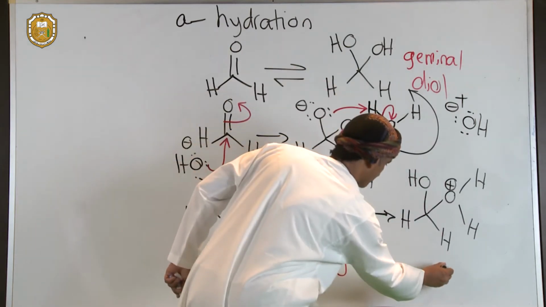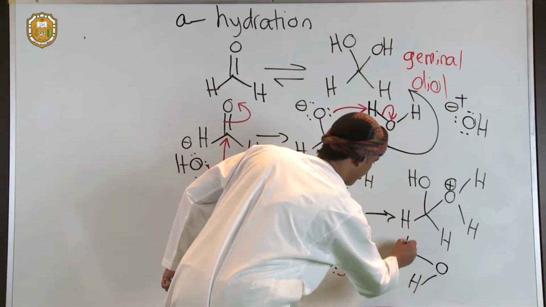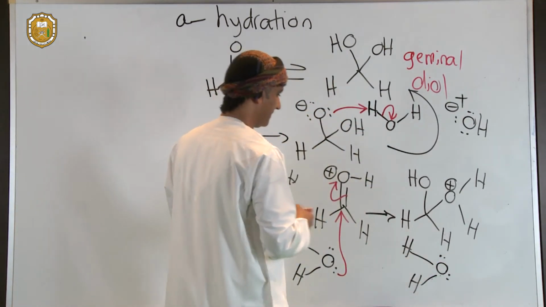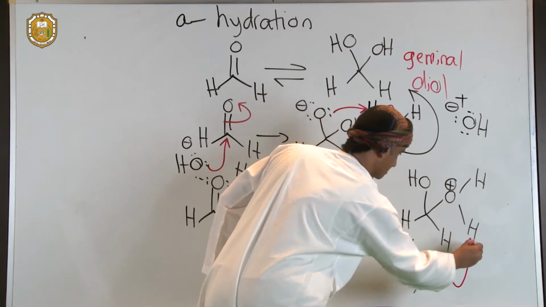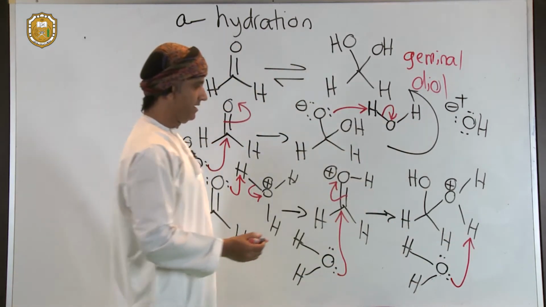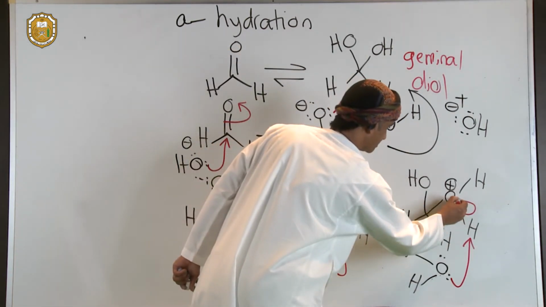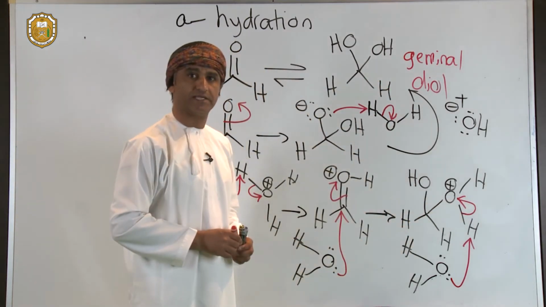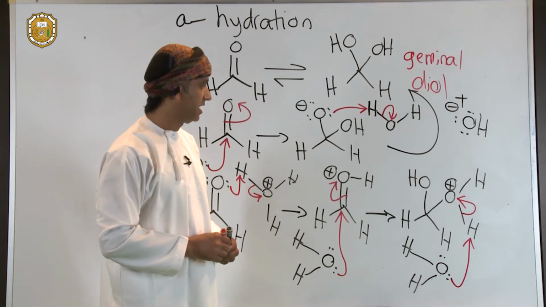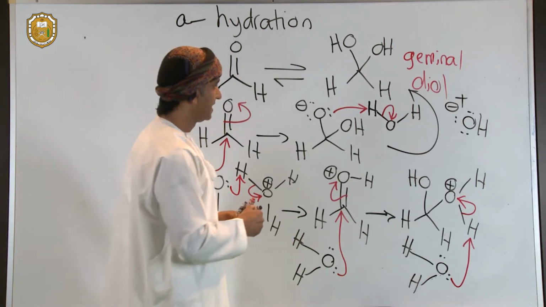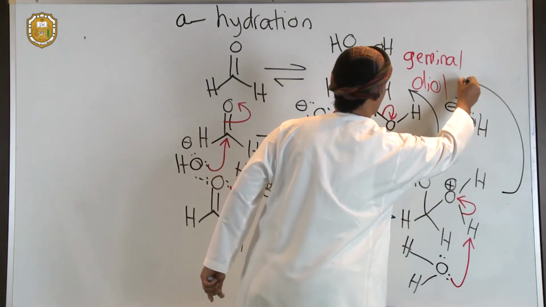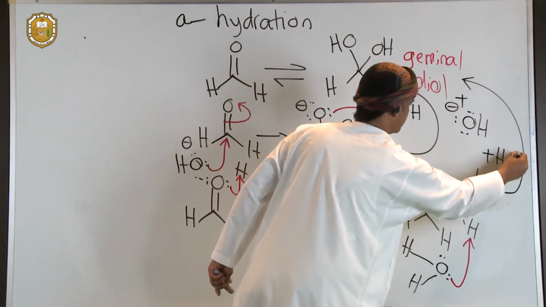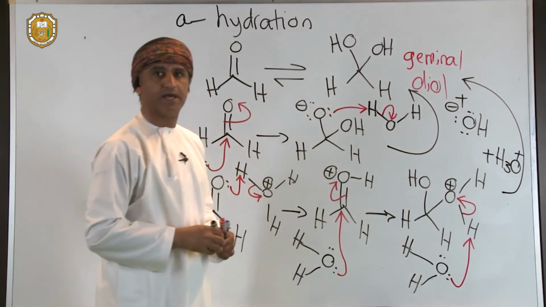So a water molecule now will come, and water will pick up that proton, and at the same time this hydrogen-oxygen bond breaks, giving electrons of that bond to the positively charged oxygen. Now this gives the diol product plus the hydronium ion regenerated as a catalyst.